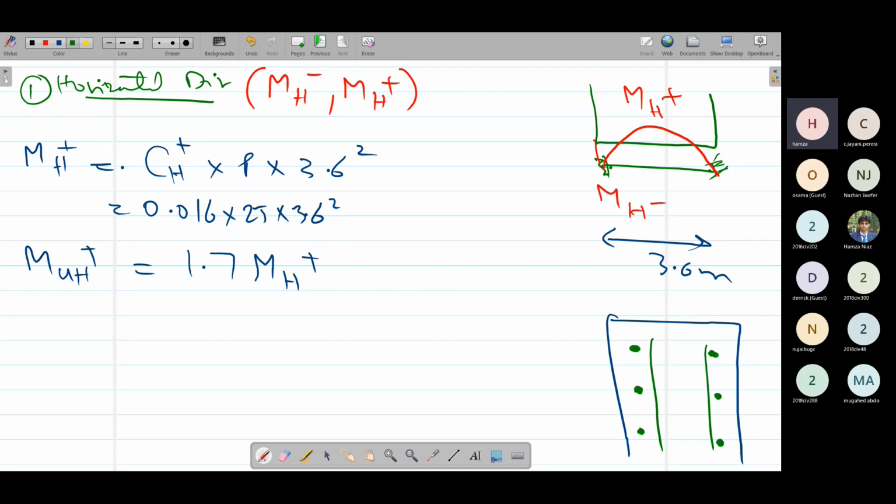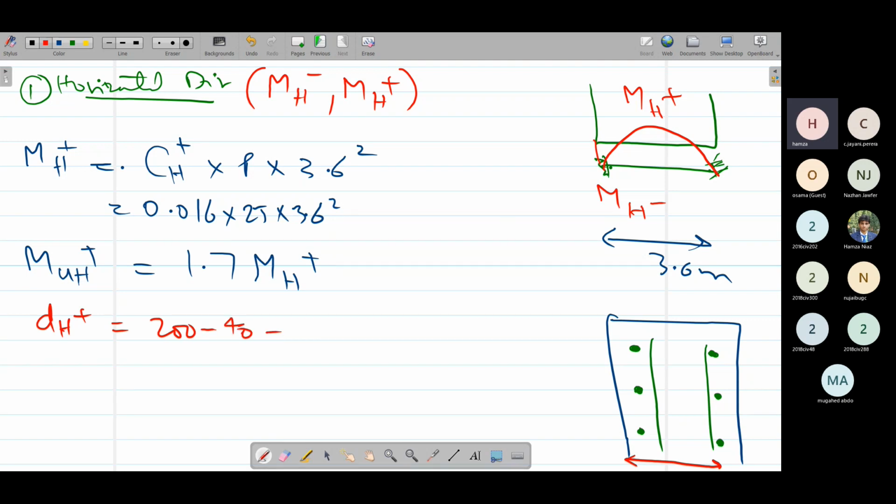So whatever the d value is like this. Because it is horizontal, we have provided inside dH positive, 200 minus 40 minus half the diameter of the bar.